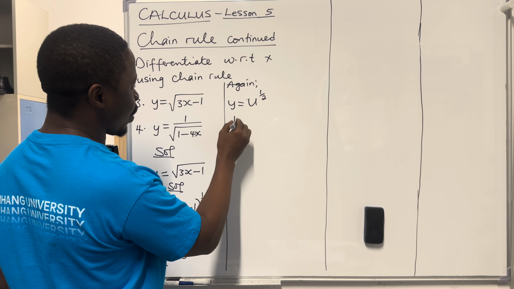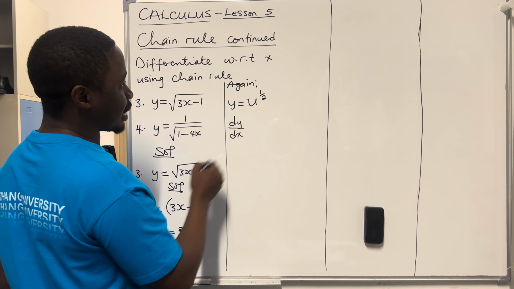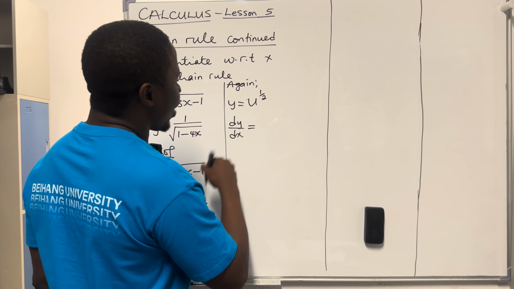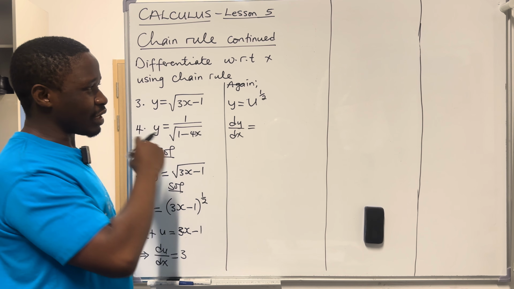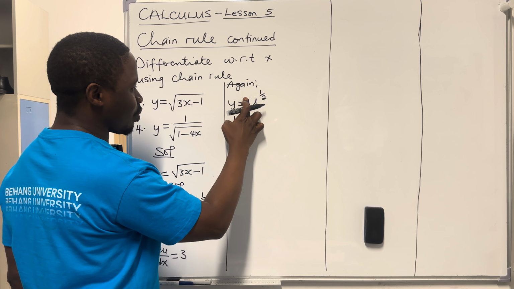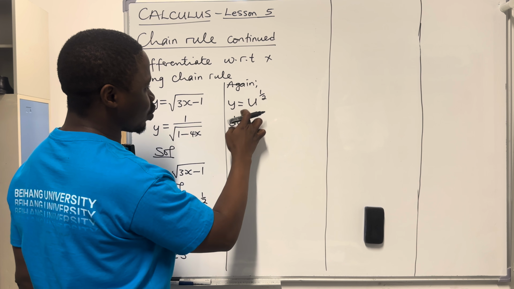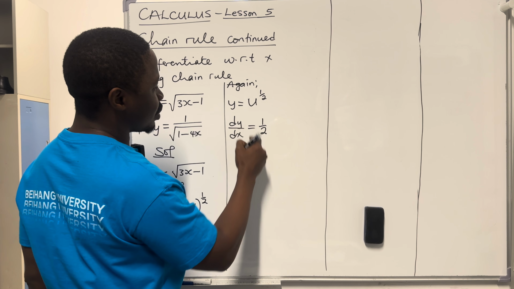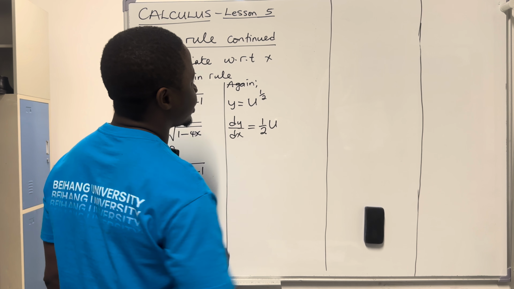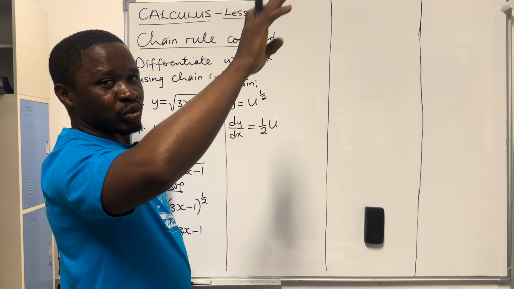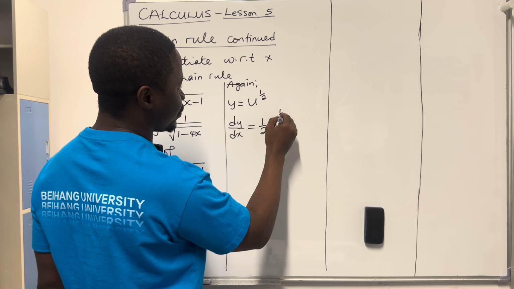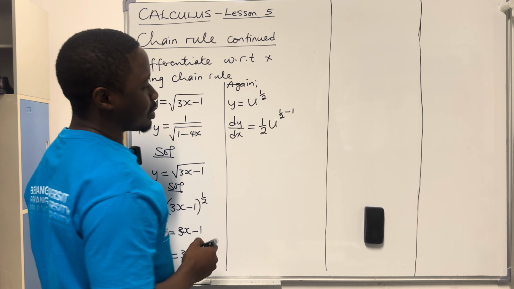So we say dy over du. Now, how do we differentiate this one? The power multiplies the coefficient. Half times 1 is half. We always write the base, then the power minus 1. So half minus 1.